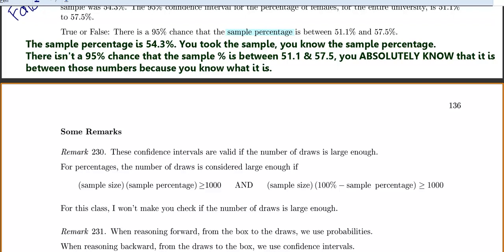So now we have some remarks. The first one is that these confidence intervals are valid, basically meaning, yes, we can use the normal curve. And when did we use the normal curve? To find z star.